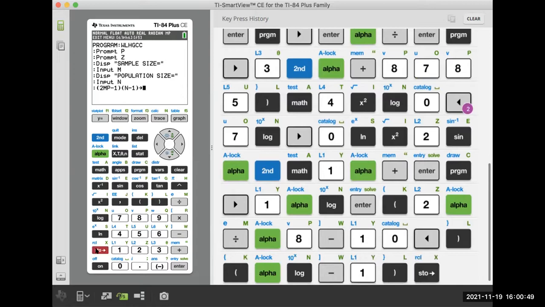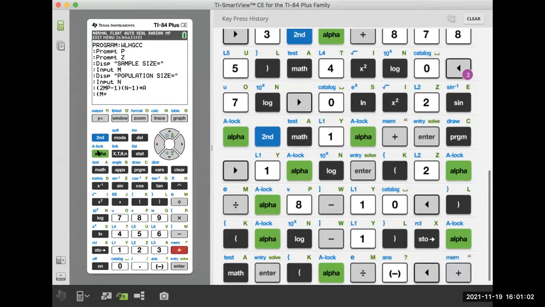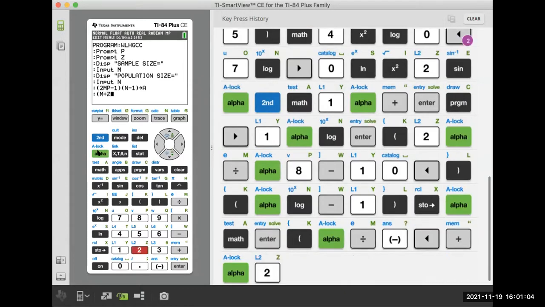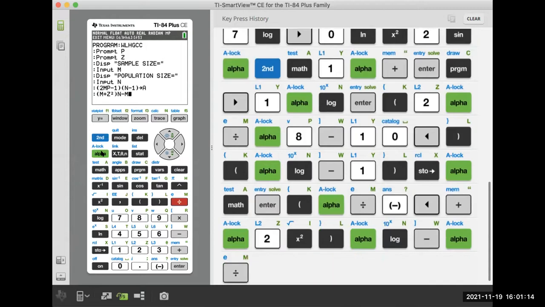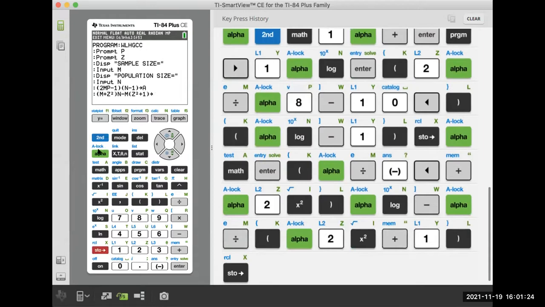Let's store that in A. Let's do M plus Z squared, and let's multiply that by N minus M, Z squared plus 1. And let's store that in C.